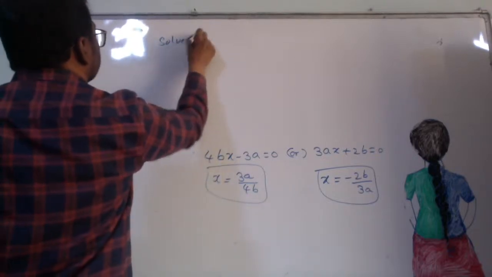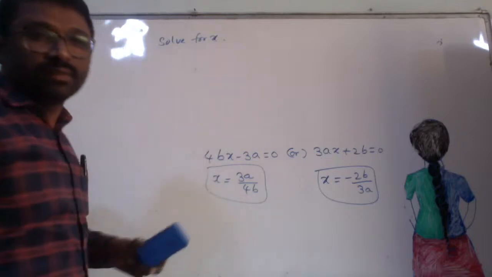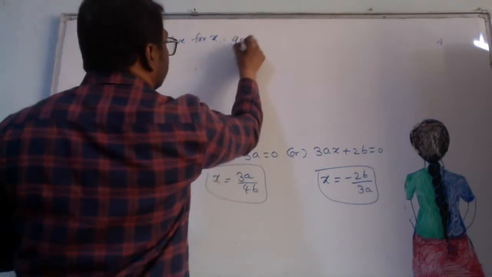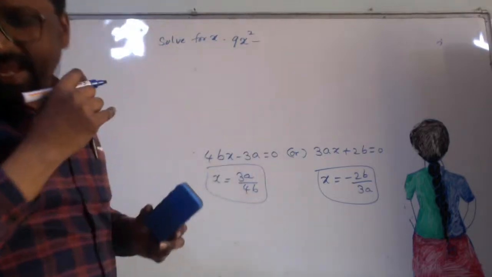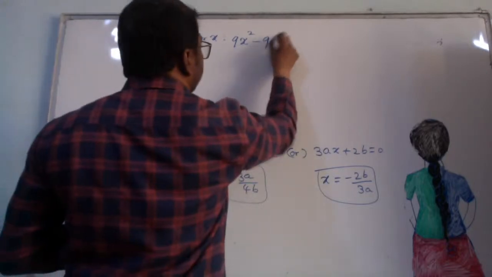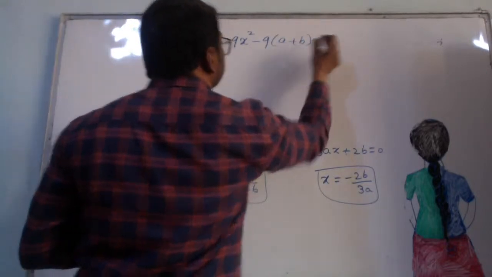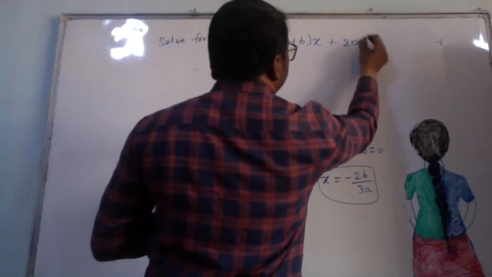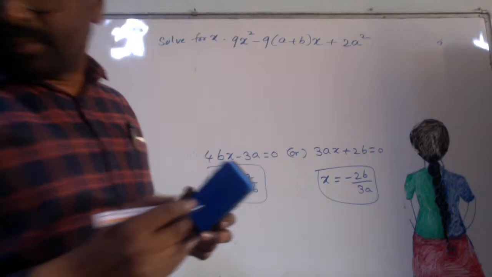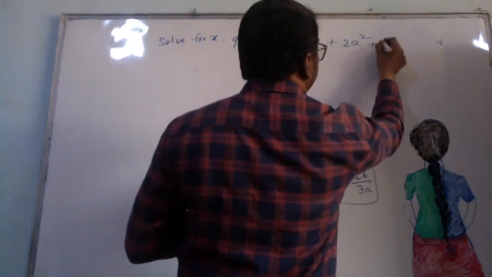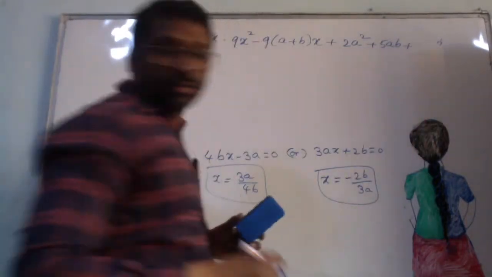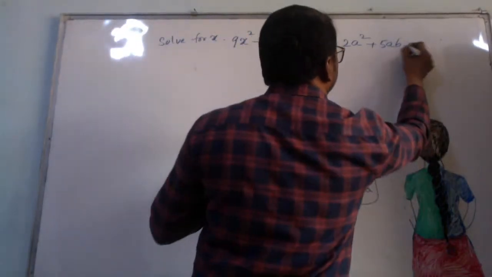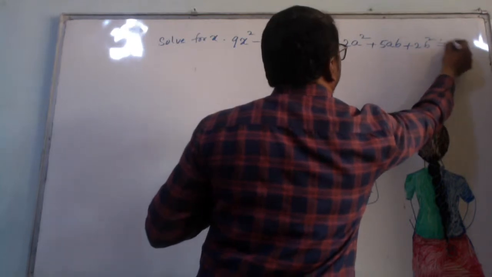Solve for x. 9x square minus 9 times (a plus b)x plus 2a square plus 5ab plus 2b square equal to 0.